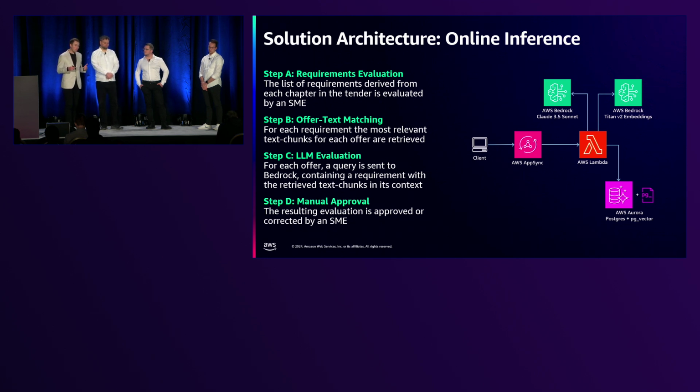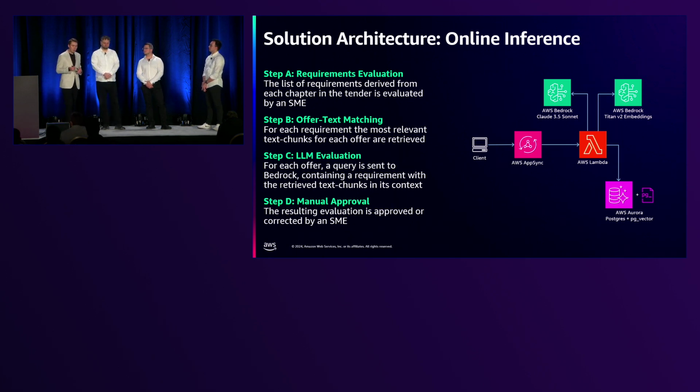When we have retrieved the information, we give the requirement and the retrieved information from the offer documents again to the LLM. And we ask the LLM to answer if that requirement is met by a certain offer. And if it is met, we also ask the model to give us citations in its reasoning.